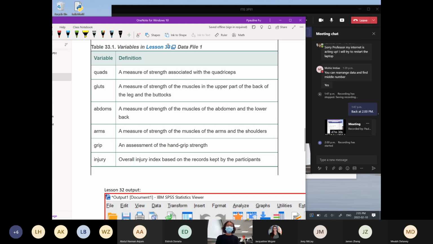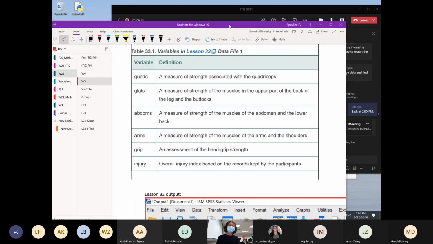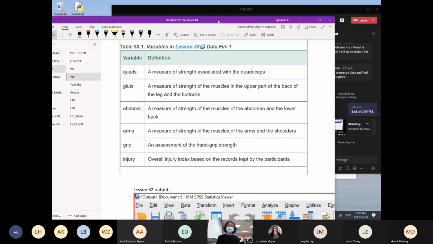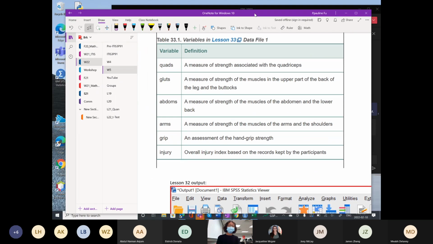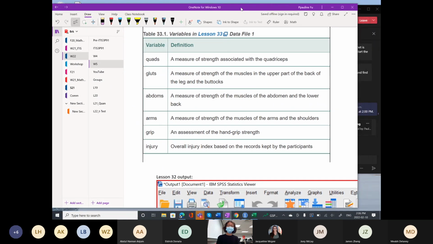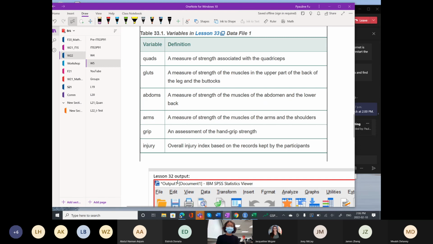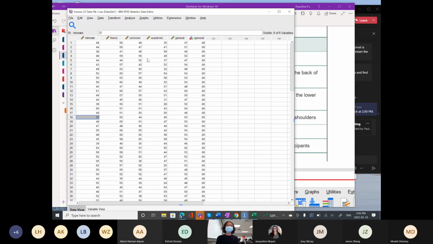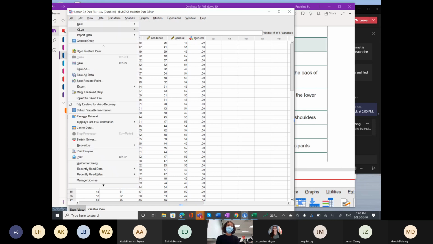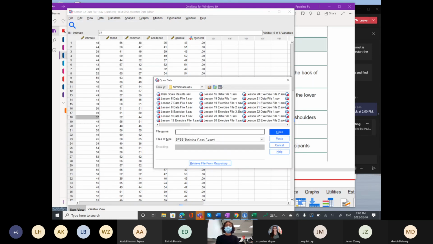Okay. So let's open the data file for lesson 33, and then we go from there. File, open, data, lesson 33.